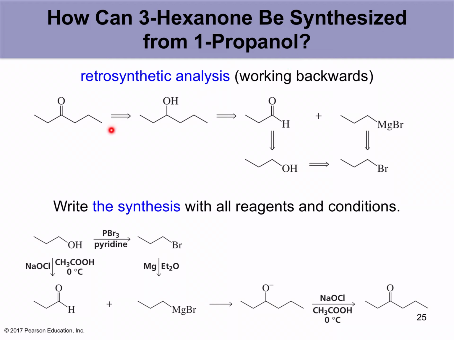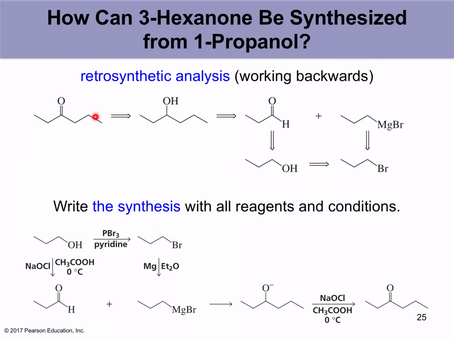Normally in organic chemistry, when you are given a target molecule, we go backwards and see what pieces of molecules we need in order for this reaction to go forward. We call that retrosynthetic analysis, working backwards.